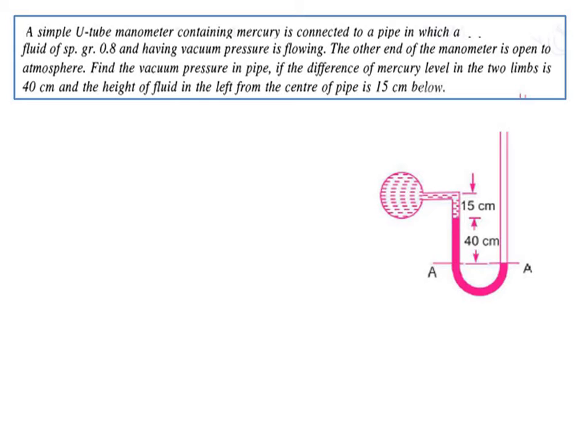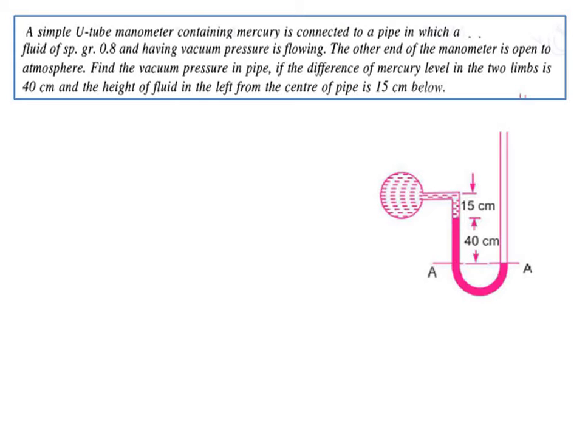Okay, now consider a problem. A simple U-tube manometer containing mercury is connected to a pipe in which a fluid of specific gravity 0.8 and having vacuum pressure is flowing. The other end of the manometer is open to the atmosphere.